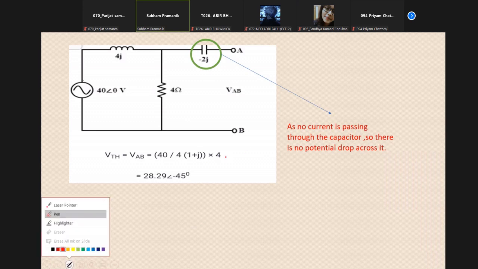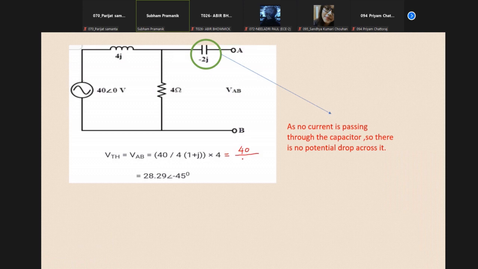To do this calculation, this is actually 40 divided by 1 plus j, right? So this is 40 divided by root over 2, and the angle is tan inverse 1. Tan inverse 1 means 45 degree. When this goes to numerator, it becomes minus 45.